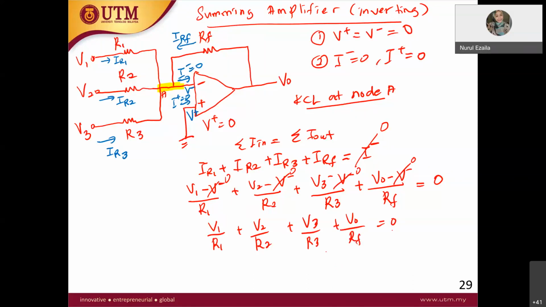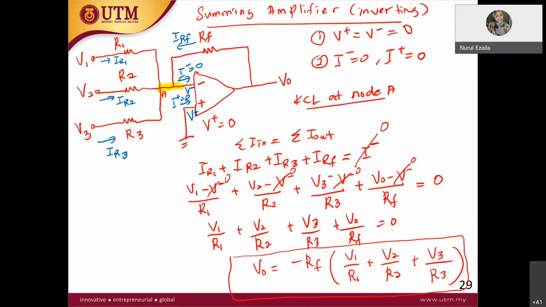If you rearrange the equation, you should get V out equal to negative RF times V1 over R1 plus V2 over R2 plus V3 over R3. So this is for the case where you have 3 inputs.